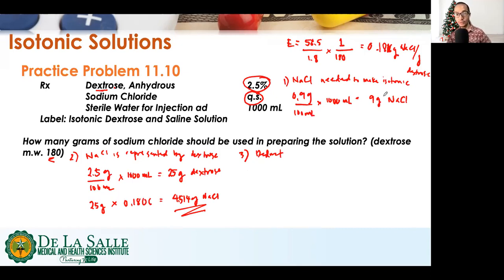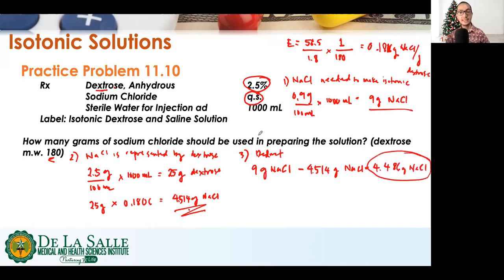We need 9 grams of sodium chloride minus 4.514 grams of sodium chloride. So the final amount is 4.486 gram of sodium chloride. This is the amount needed to make the solution isotonic. And so moving on.